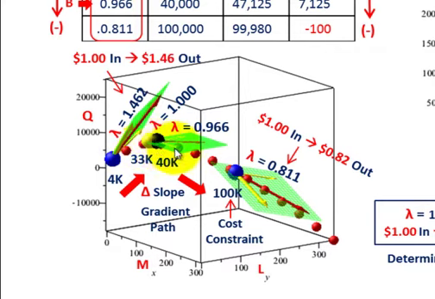Now remember, the gradient path is the path of our maximum output or our maximum profit as we follow along our different combinations for material and labor. What I'm showing here is really 4 different points. Let's start at our first constraint, where we've got a $4,000 constraint on material and labor, the max we can spend.